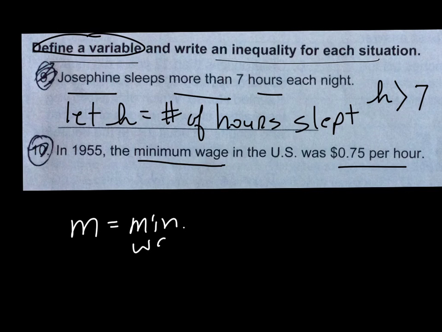Your minimum wage would have to be more than 75 cents per hour. So you need to key on these little words like more than or minimum, and incorporate that into your inequality.